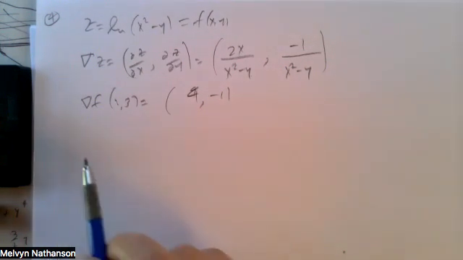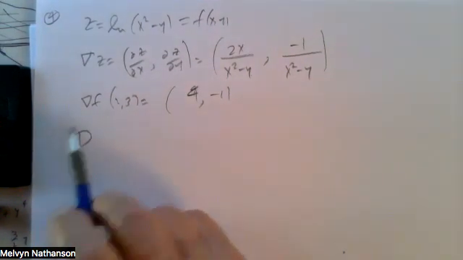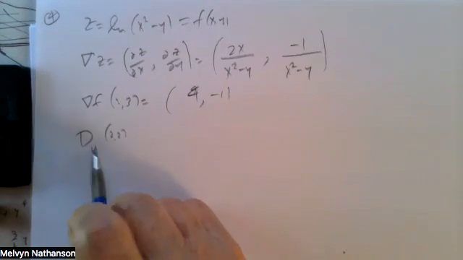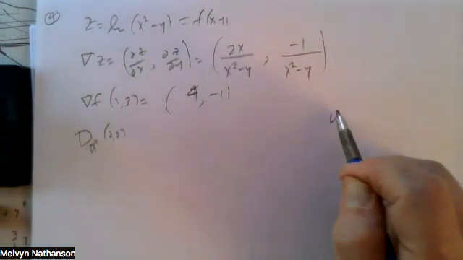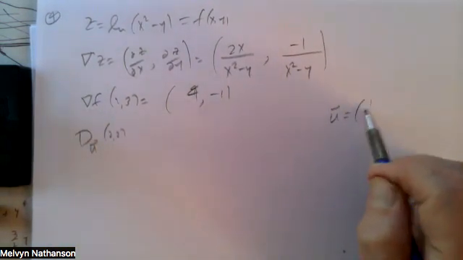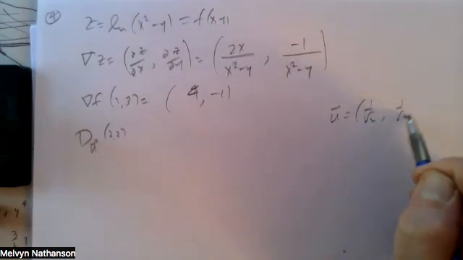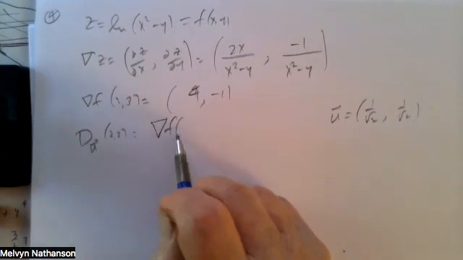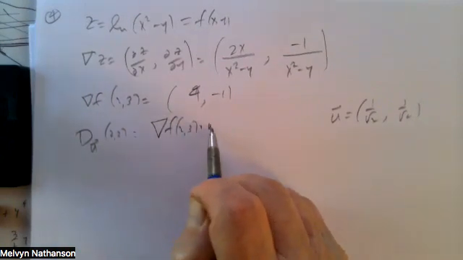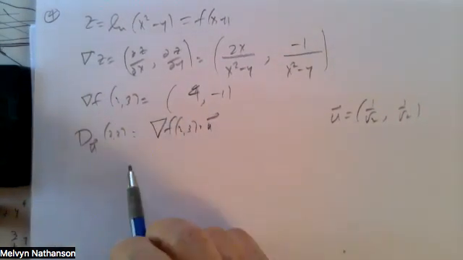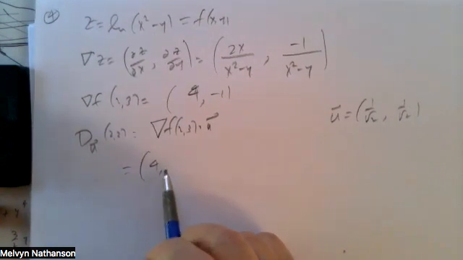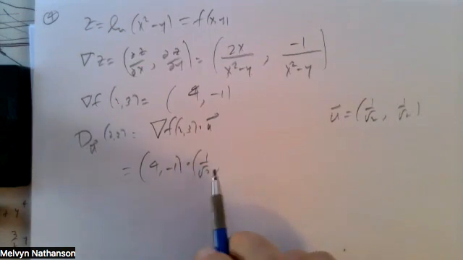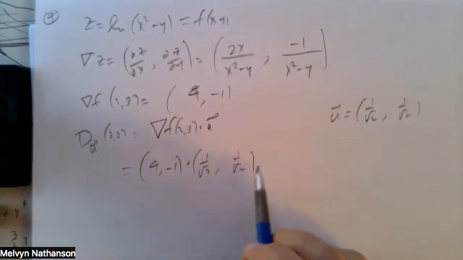And the directional derivative at the point 2, 3 in the direction of the unit vector u, where u is the vector 1 over root 2, 1 over root 2, is simply the dot product of the gradient of f at 2, 3, dot product with this vector. So that's the dot product of 4, minus 1 with the vector 1 over root 2, 1 over root 2.